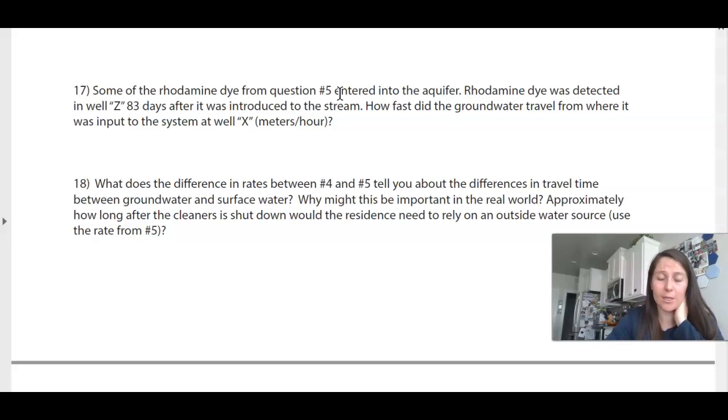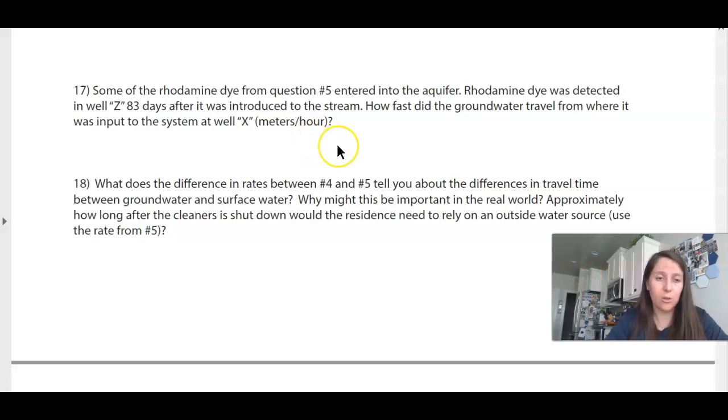And it was detected 83 days after it was introduced into the stream. How fast did the groundwater travel from where it was input to the system to well Z? So how fast did it travel from when it infiltrated at point X all the way to point Z?